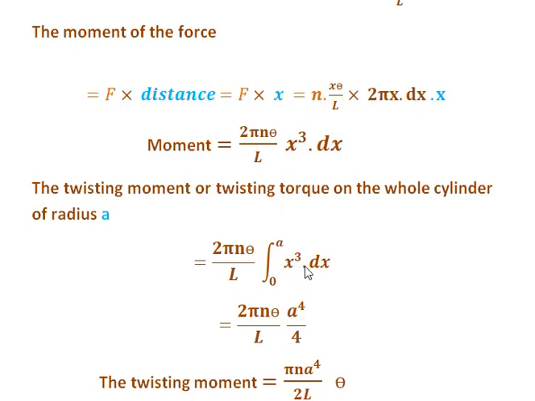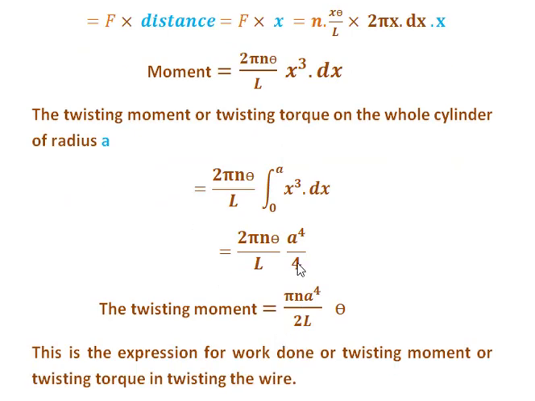It is the variable quantity x cube, and on integrating x cube we get x power 4 by 4. On substituting and simplifying, the twisting moment is equal to pi n a power 4 by 2L into theta. So it is the expression for the twisting moment or twisting torque in twisting the wire.